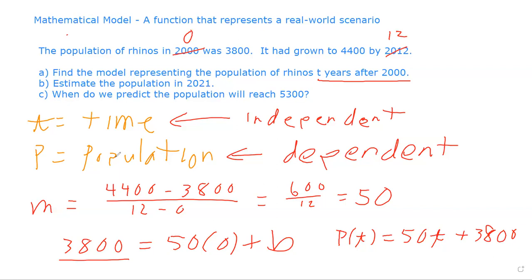For B, we want what is the population in the year 2021. So if we went 2021, that's 21 years after the year 2000. So our t equals 21.